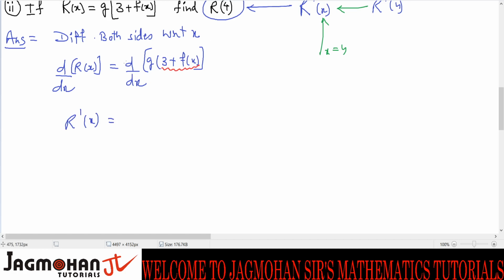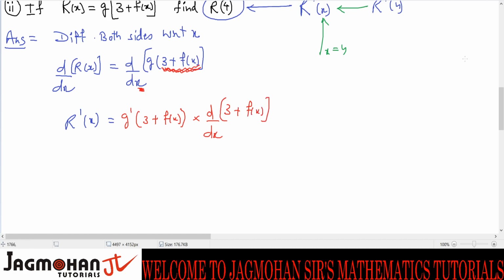See students, it is not d by dx of g of x. The function is g but its variable is not x. You are differentiating with respect to x, the variable is not x, the variable isn't matching this. So it is a composite function g of 3 plus f of x. So its derivative will be g dash 3 plus f of x into d by dx of 3 plus f of x.